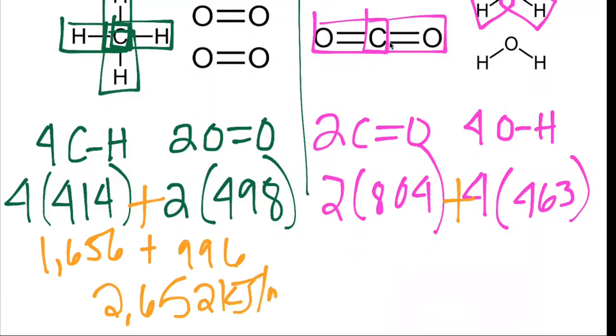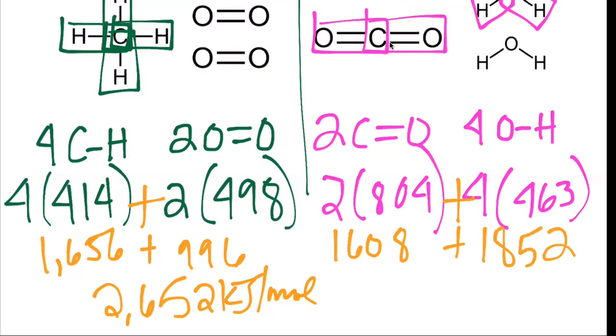And then on the product side, we have, let's see, 804 times 2. So this is 1,608 plus 1,852. And the total is 3,460 kilojoules per mole.